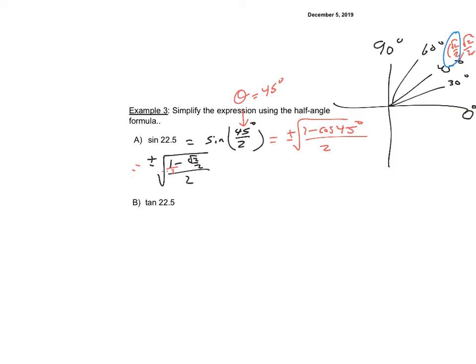So let's get a common denominator of 2 and put it together as one fraction. So you get plus or minus the square root of 2 minus the square root of 2 over 2, and then the whole thing is still divided by 2. All right, so keep writing this out. You get 2 minus the square root of 2 over 2, times the reciprocal, which would be 1/2.